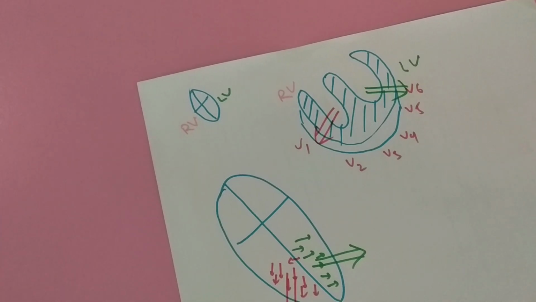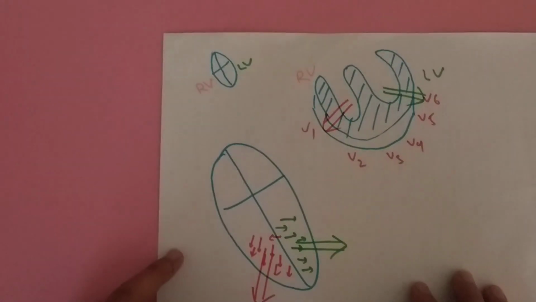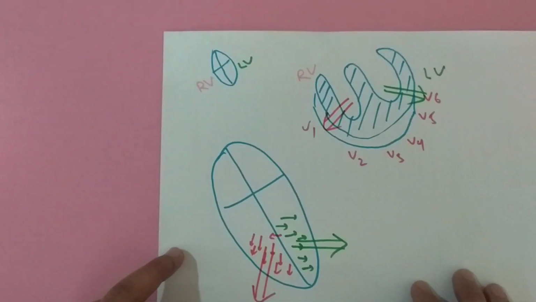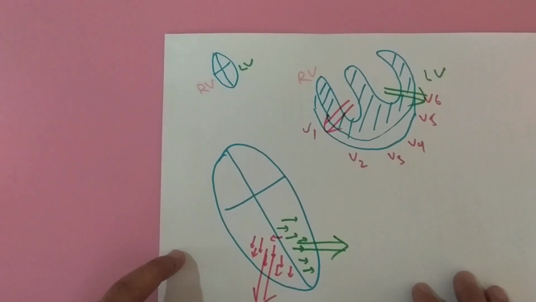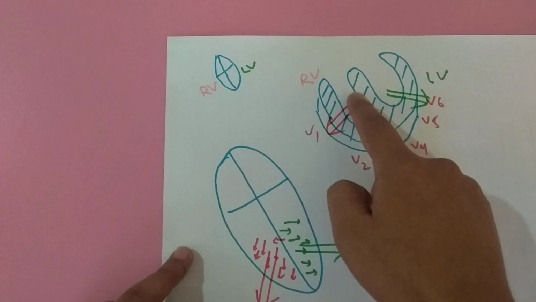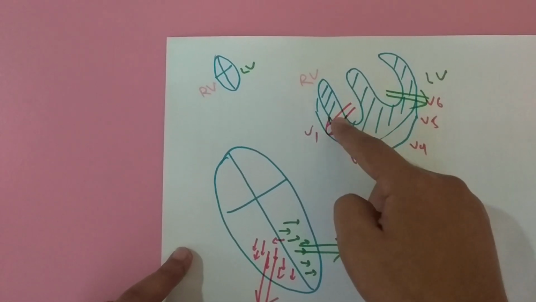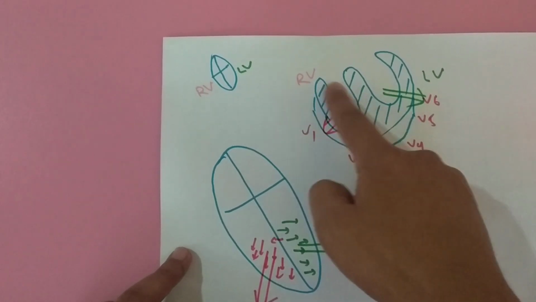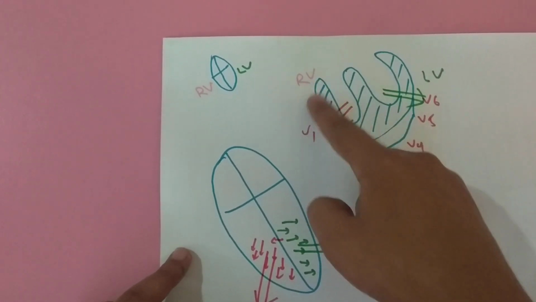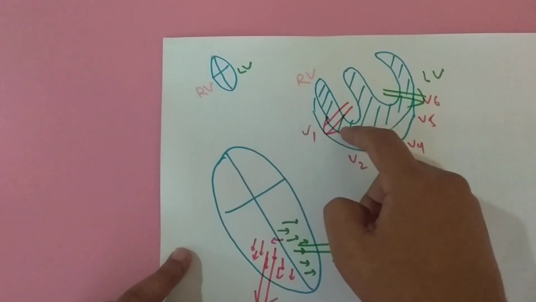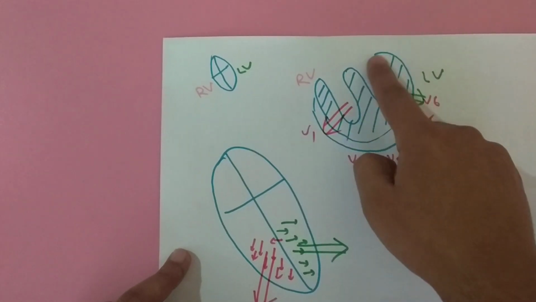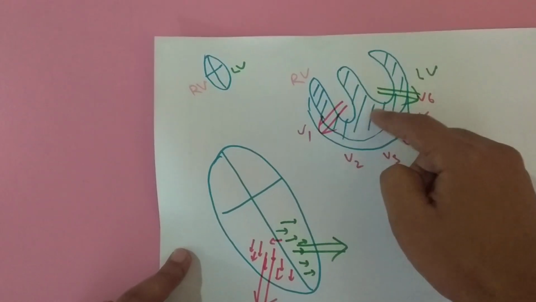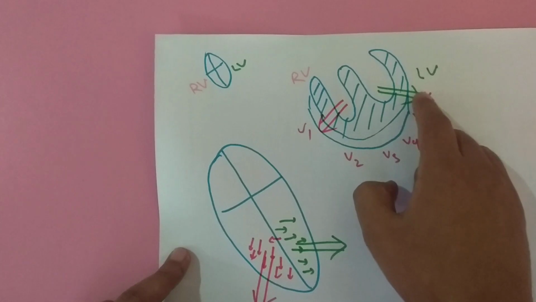You might be getting an idea already, like what we discussed in the case of atrial enlargement: the depolarization vector here is directly facing towards V1. So the right ventricular ECG morphology can be nicely picked up by V1, whereas left ventricular ECG morphology can be very nicely picked up by V6.